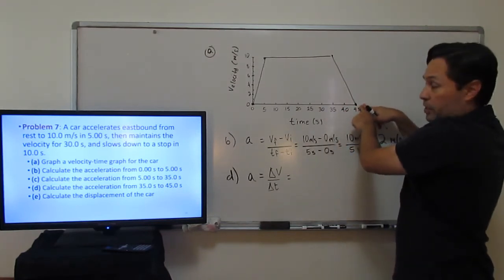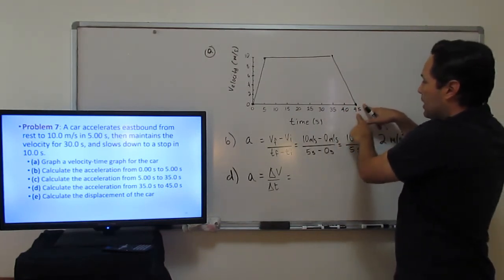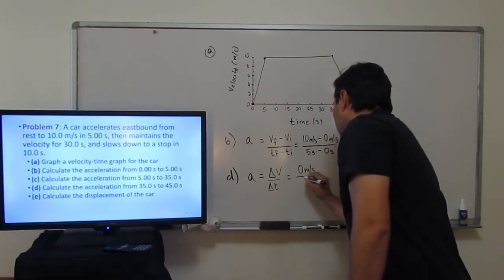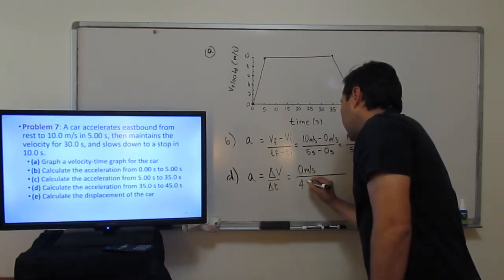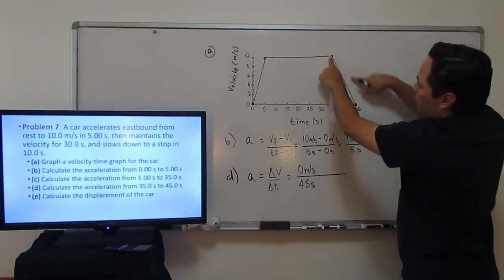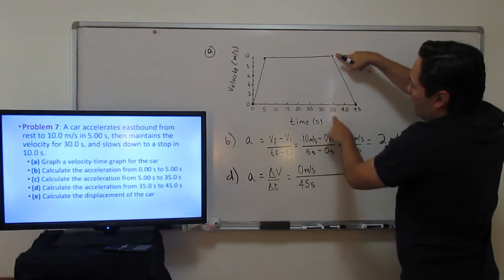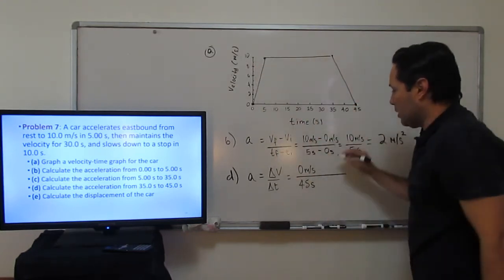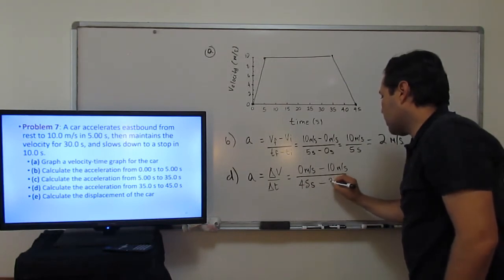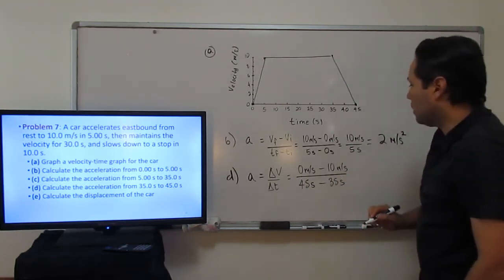The final velocity is 0, and that happened at 45 seconds. And here, at the beginning of this line, it was at 35 seconds and the velocity was 10. So I'm going to put minus 10 meters per second, and that was at 35 seconds.